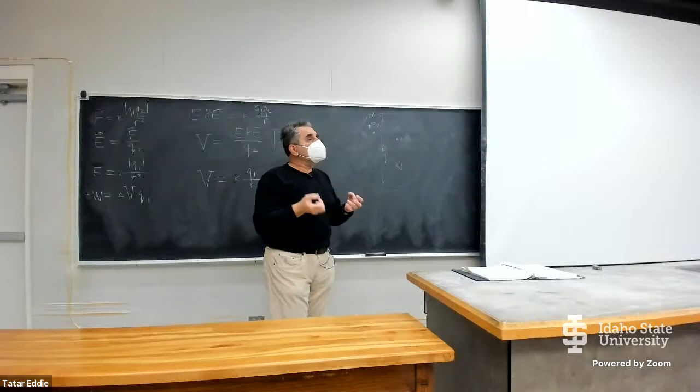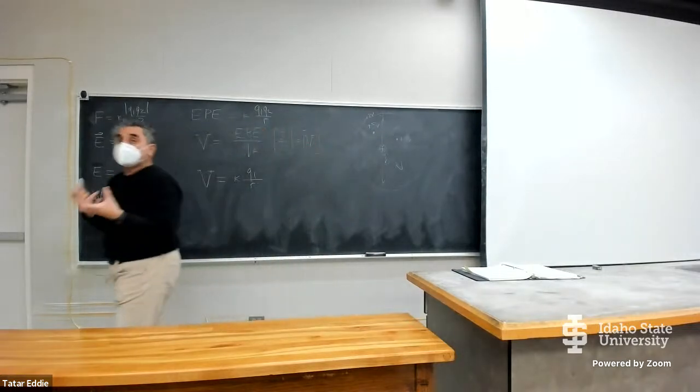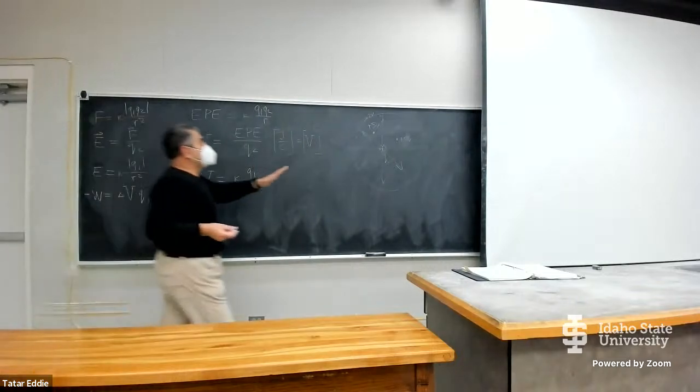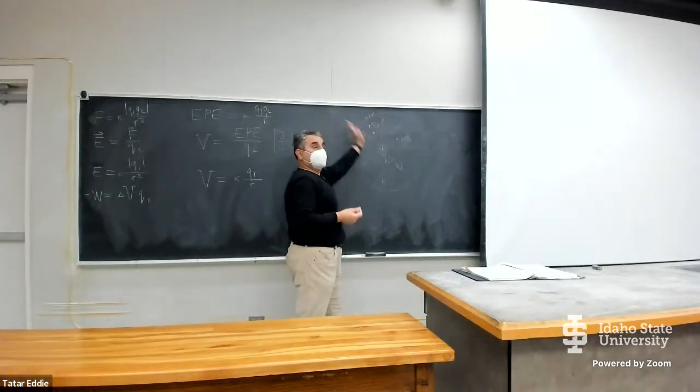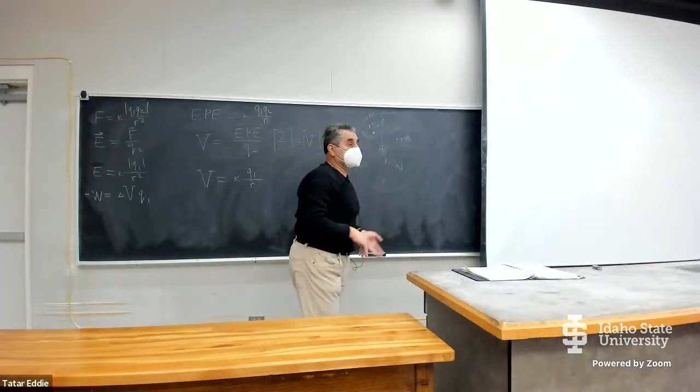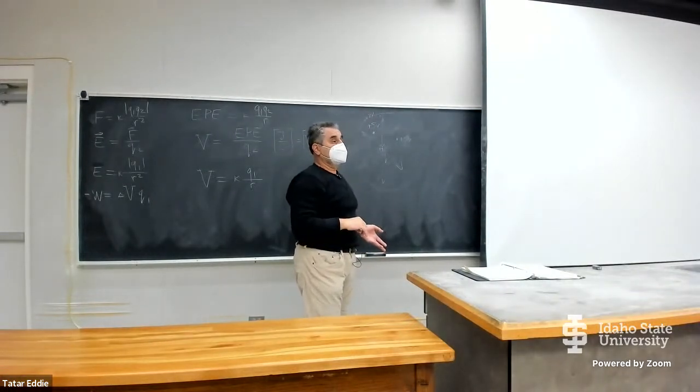And therefore now we have 2 alternative descriptions of the electric field created by a source Q1. Either a description of the electric field in terms of electric field lines, or a description in terms of equipotential surfaces.